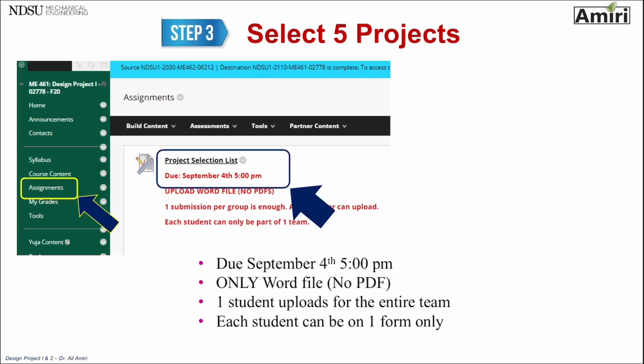Once you do that, you save the file as a Word file and upload it on the assignment project selection list. So download the form, write your team, write your project, upload it back to Blackboard.